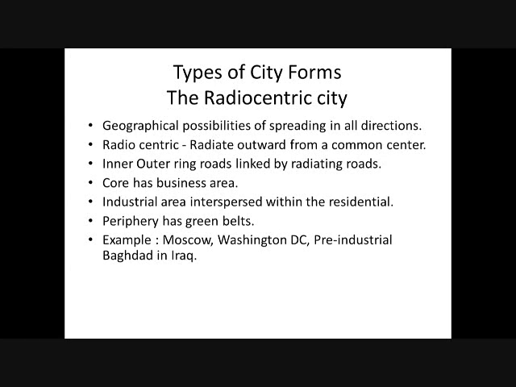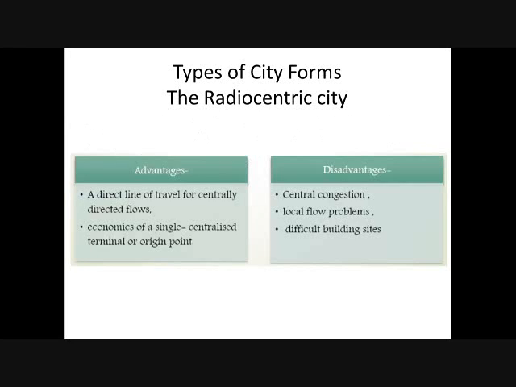And the advantage of a radiocentric city is that it grows in different directions. So it makes expansion easier and the growth easier. Geographic elements will confine the expansion to one or two directions only.